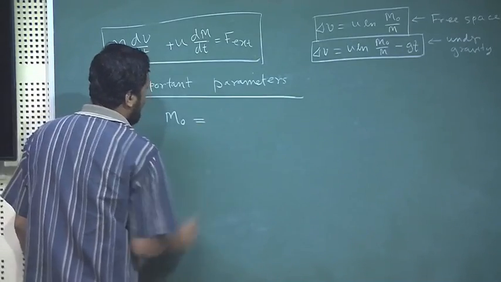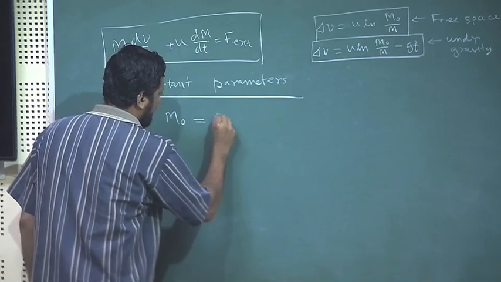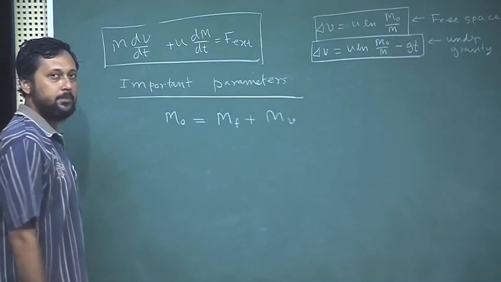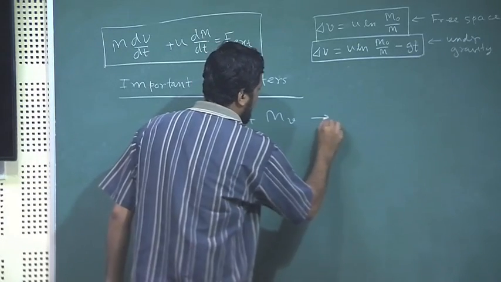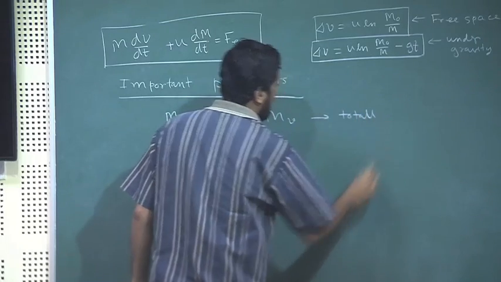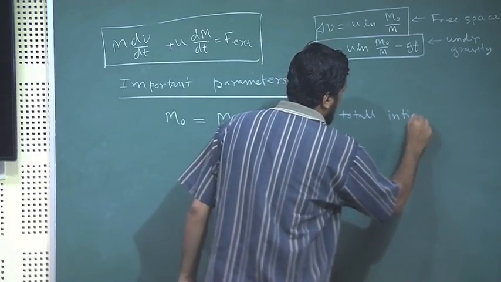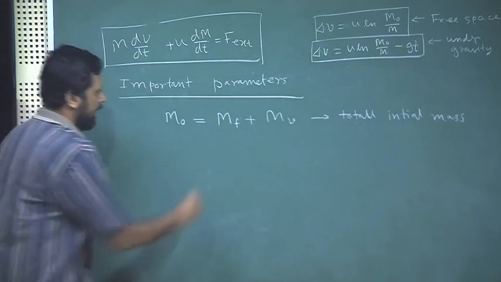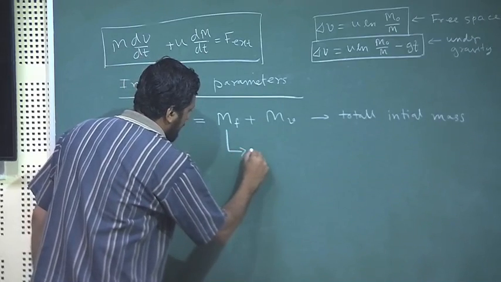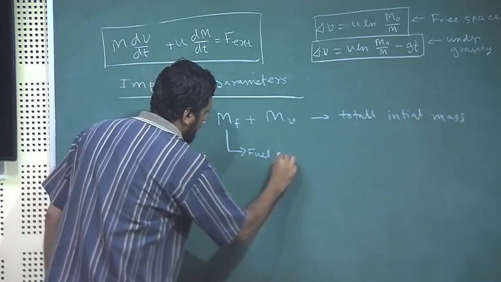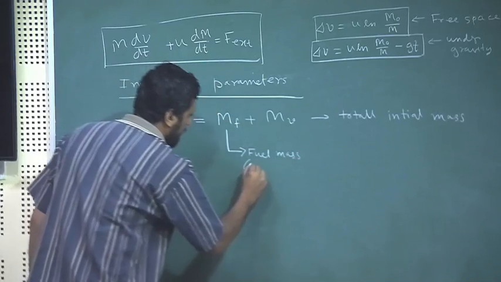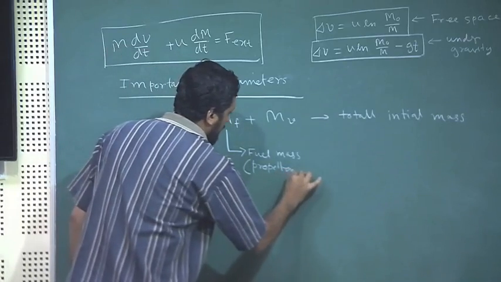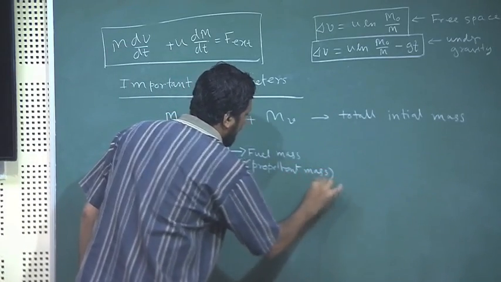So, m0 is given as mf plus mv, the total initial mass of the rocket, where mf is the fuel mass, also called the propellant mass.